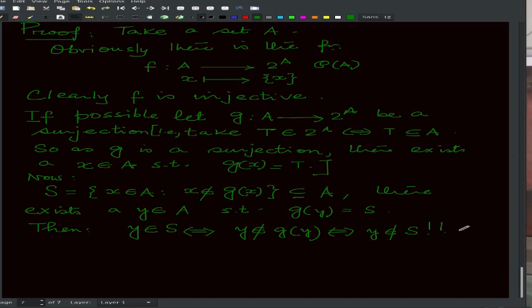It came from the fact that for this subset you can choose a pre-image, and this came from the fact that you assumed that this is a surjection.